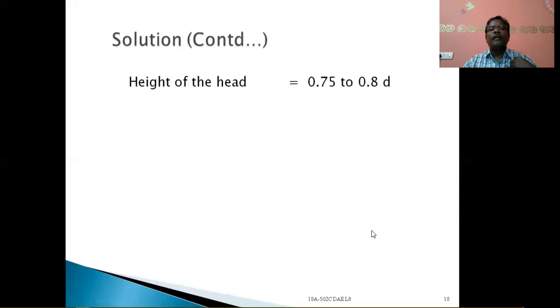So height of the head, in this hexagonal headed bolt, height of the head is equal to 0.75D to 0.8D. So this is the value that we are having.